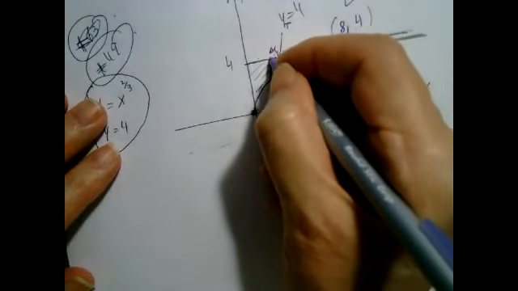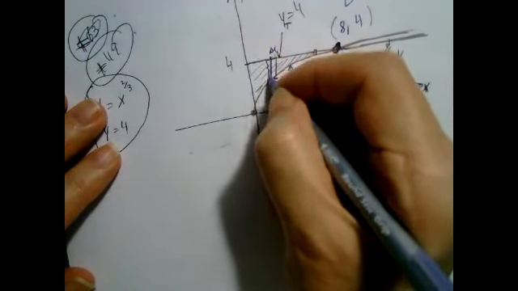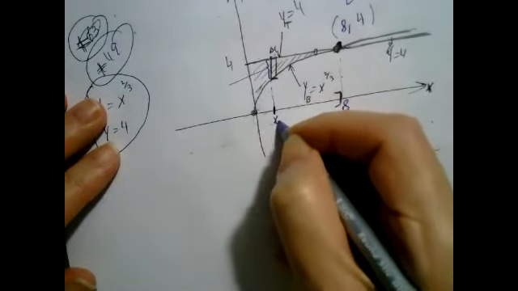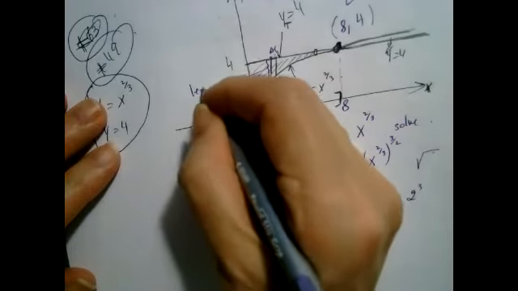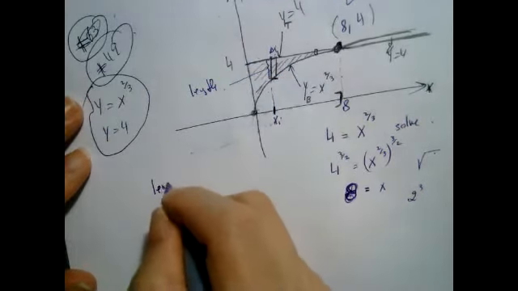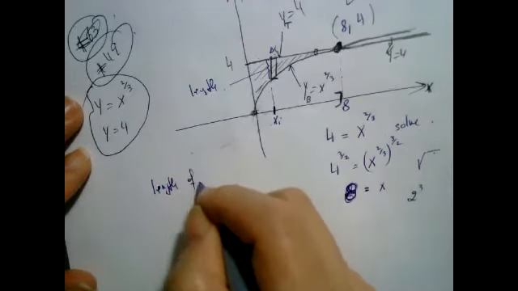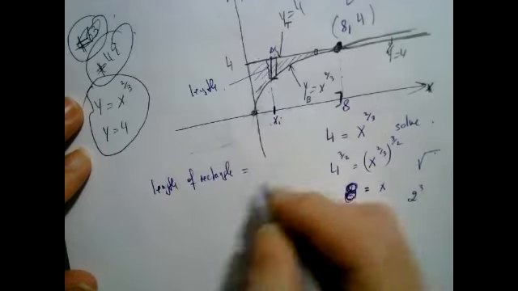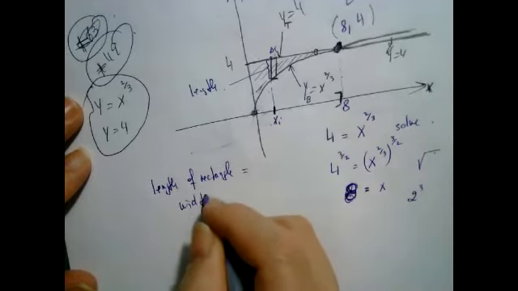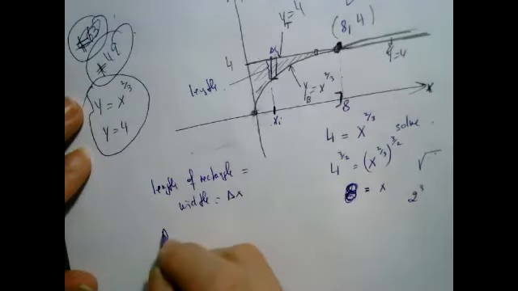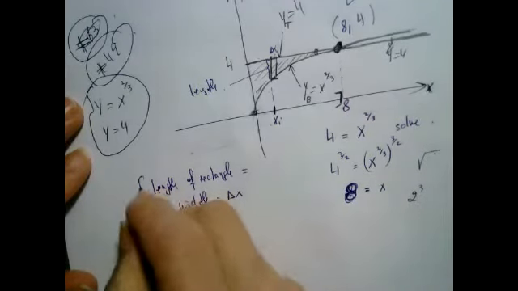This is the delta x. And now I need the length. If this is xi, what's the length here? So the length of the typical rectangle, the width is delta x this time, area equal.